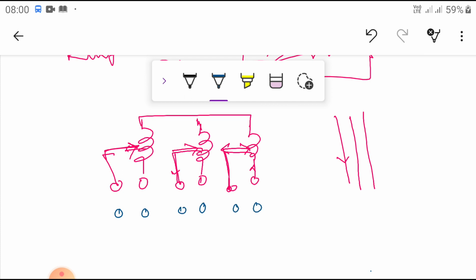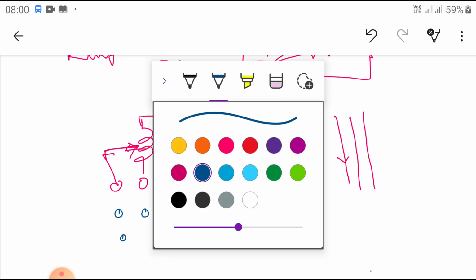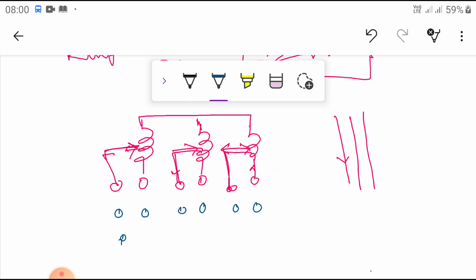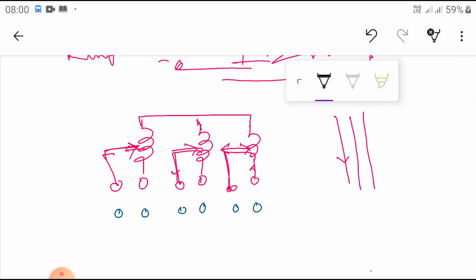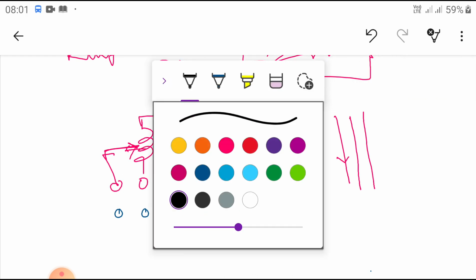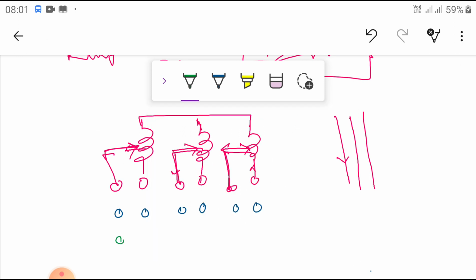Then I can take another color, the other terminals. Dear students, I connected these two. Okay, shorted.